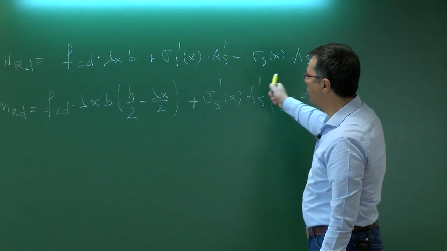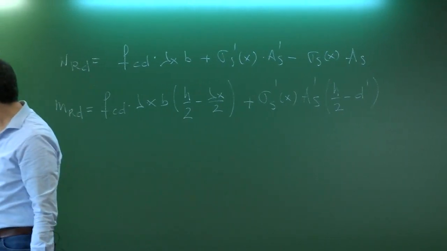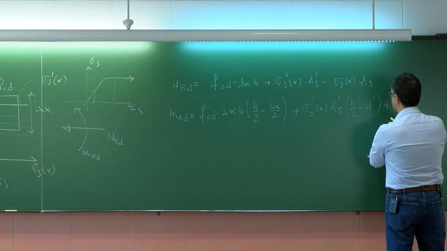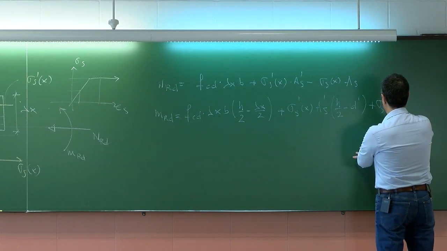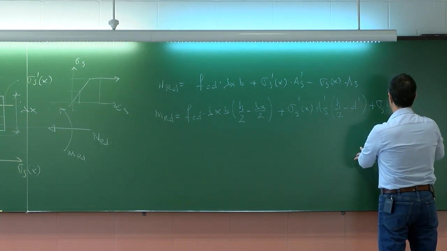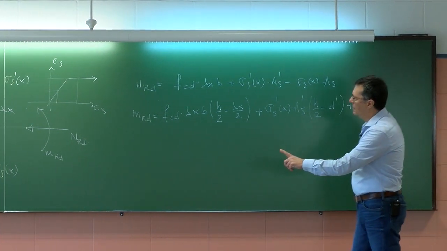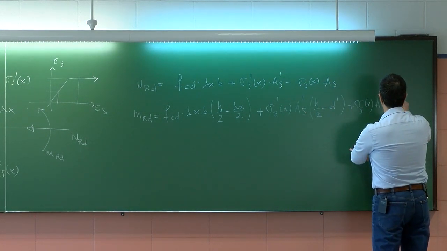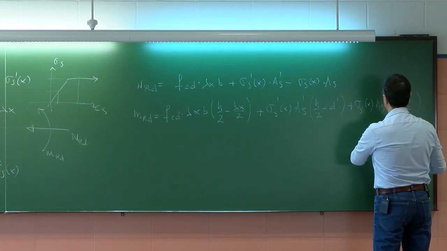And then the contribution of the bottom reinforcement is also positive, so plus sigma S of x times AS, and the lever arm is going to be d minus h/2.